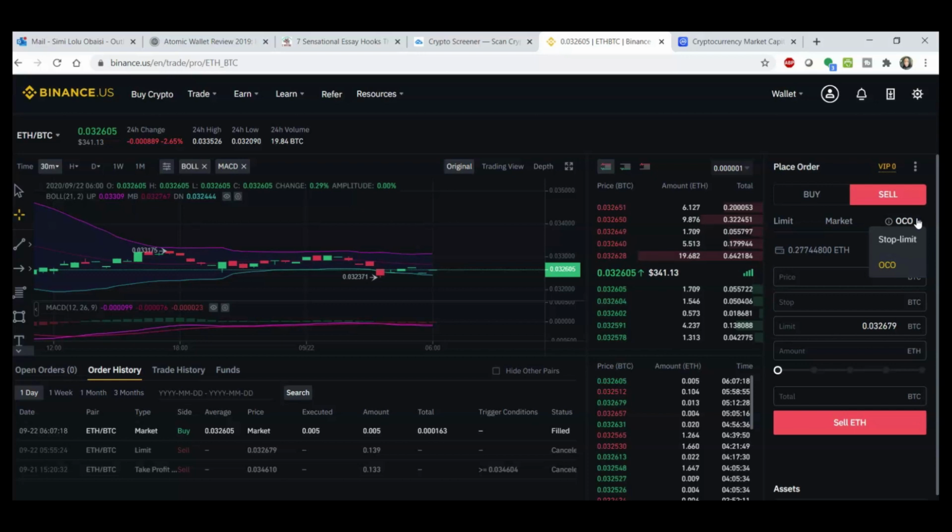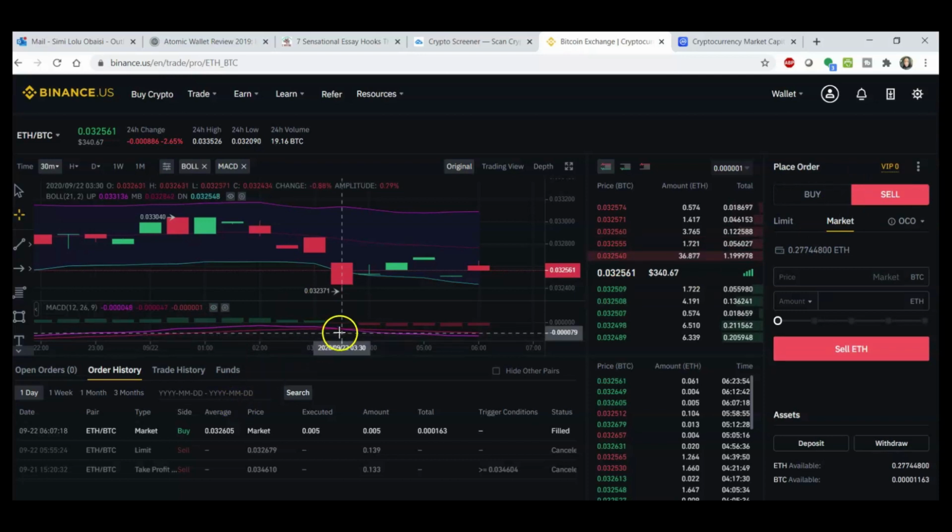So if price action of Bitcoin keeps heading up, then our take profit will trigger, and only one will trigger. So our take profit will trigger canceling the stop loss. If price action heads downwards, then our stop loss will trigger, cancelling out our take profit.